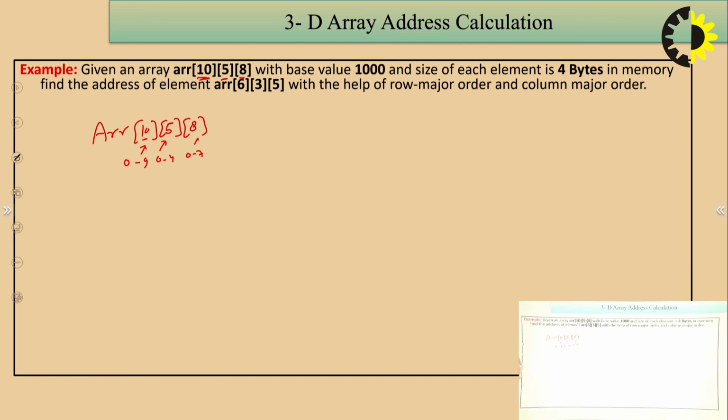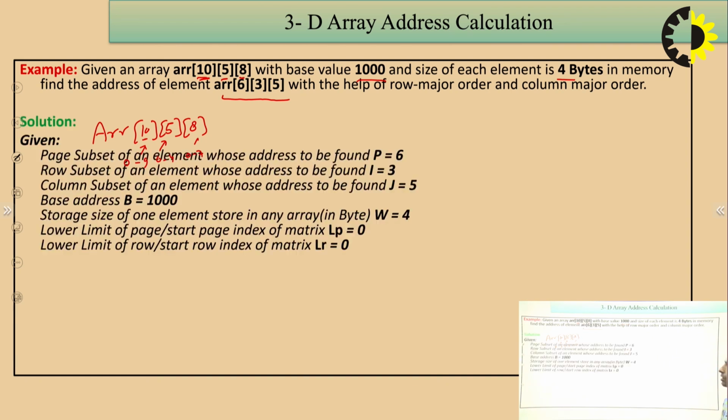The given base value is 1000 and the size W is 4 bytes. Now find the address of the 6, 3 and 5 index element with the help of row measure and column measure.